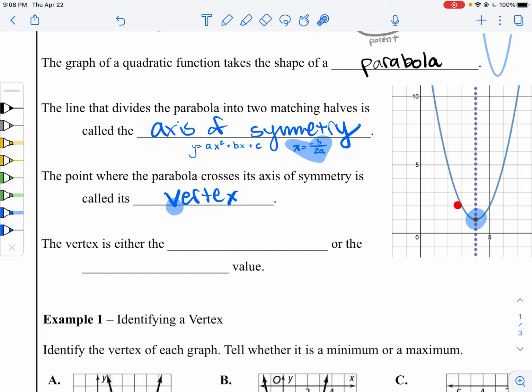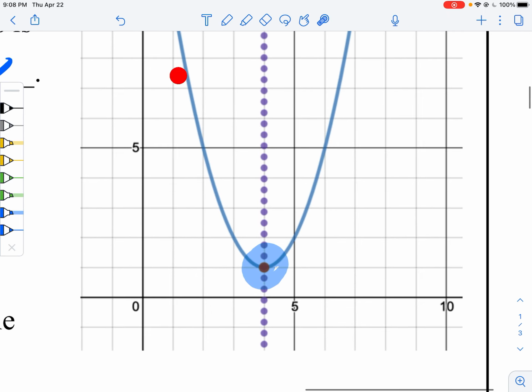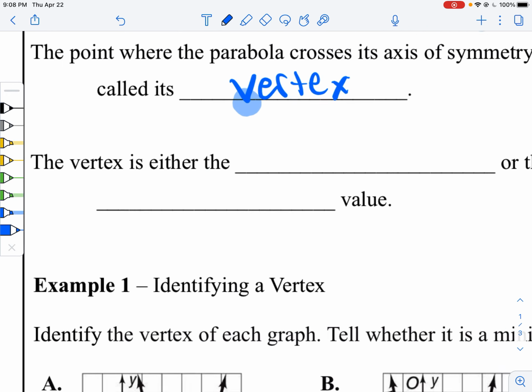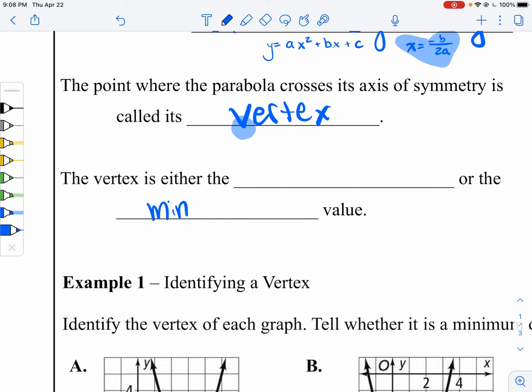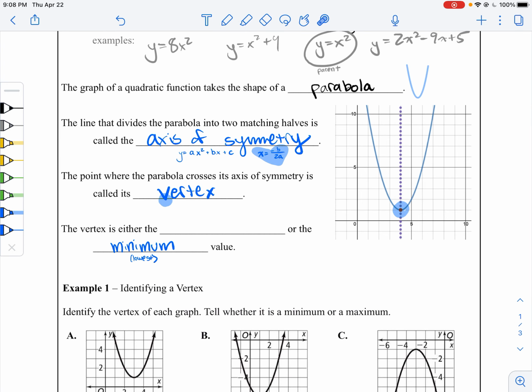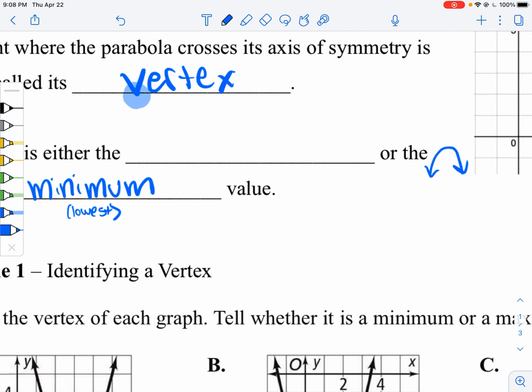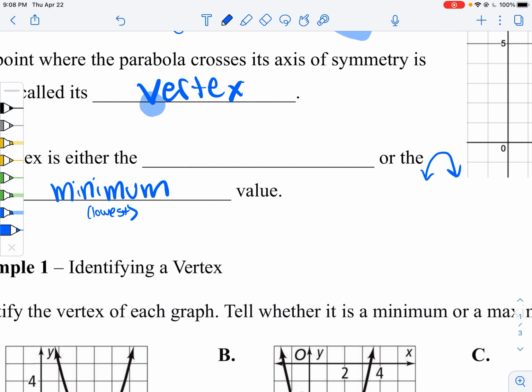Here, this is the lowest the parabola ever gets, right? So we call that point the minimum, because that's the lowest it ever gets. Right now, this guy kind of looks like a cup. If we had a parabola that was upside down, then our vertex, the point right there, we would call the maximum.